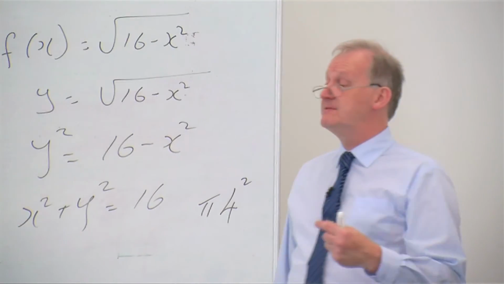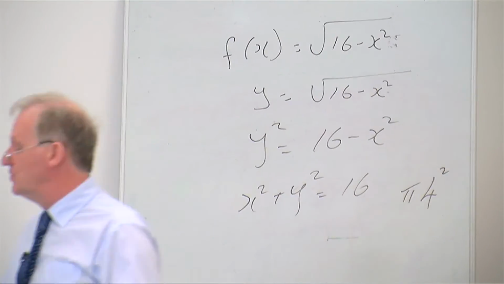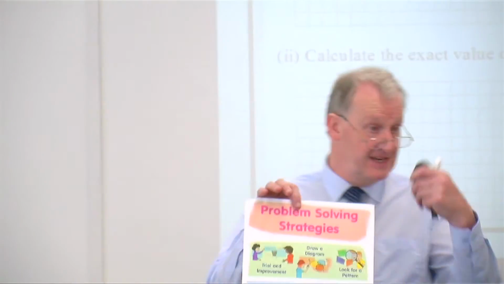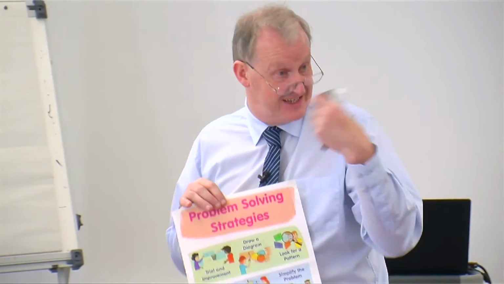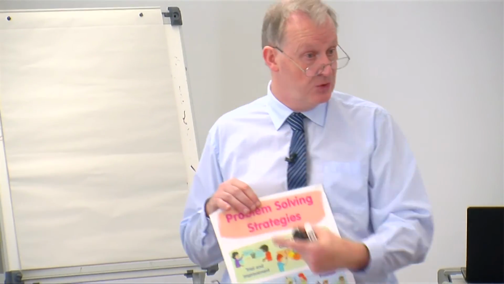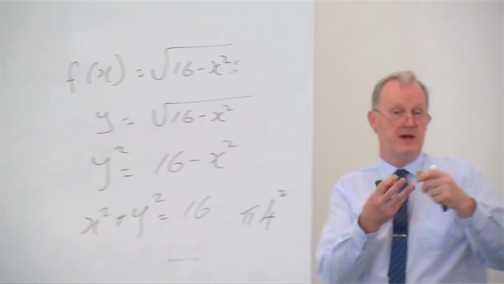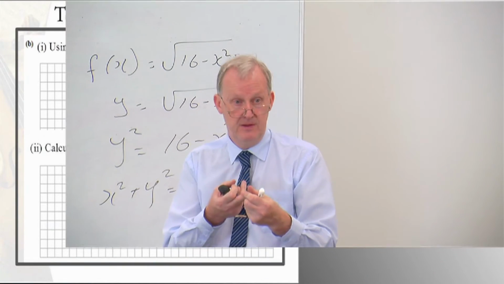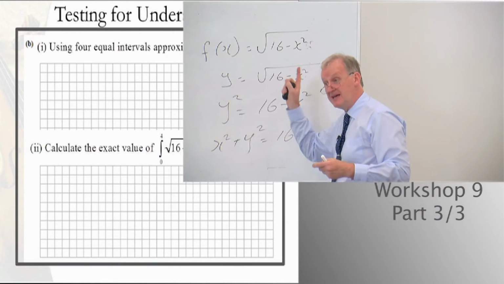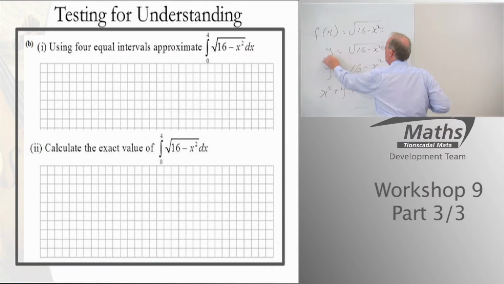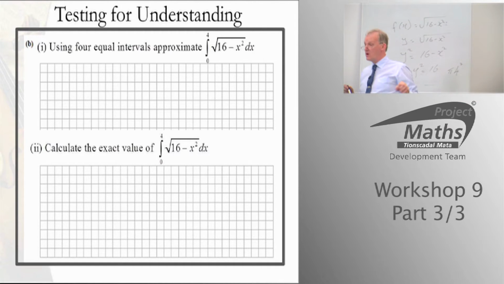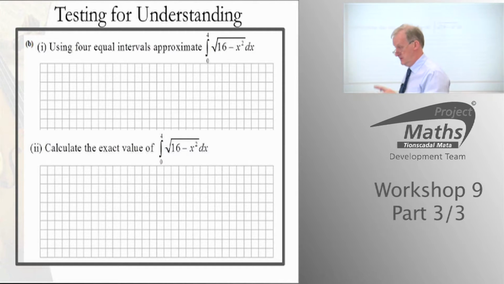Now, this comes back, I would say, to my junior cert thing. If I'm finding an area of a shape, I would like to see what the shape actually looks like. And with the square root there, what square root is that? The positive square root, the negative square root, or both? It's just the positive. And if you're talking about y values, where are y values positive?